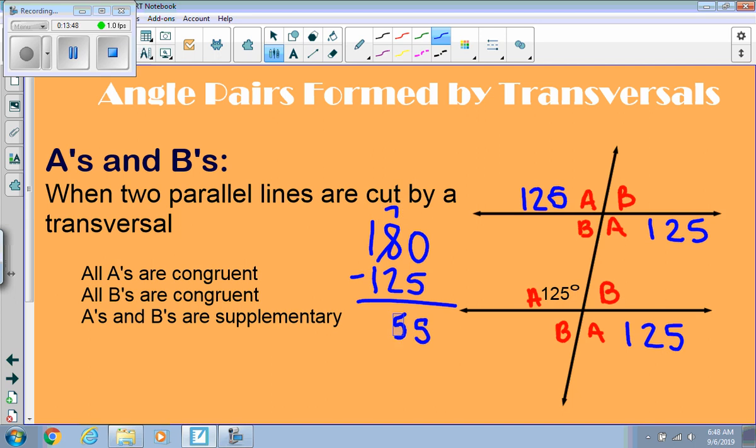So I get 55. And everywhere I see a B, I'm going to have a value of 55.